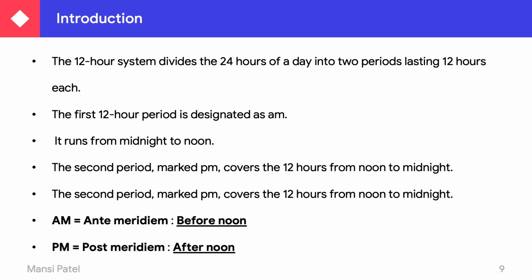and PM means post meridiem. We use this PM after noon, meaning after 12 o'clock. So we can say that from 12 midnight to 12 noon we are using AM, and from 12 noon to 12 midnight we are using PM.